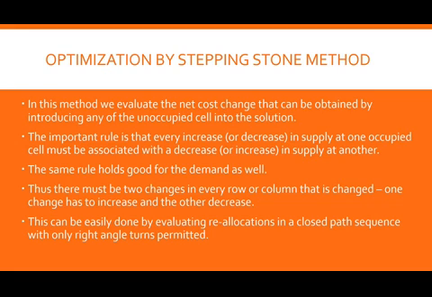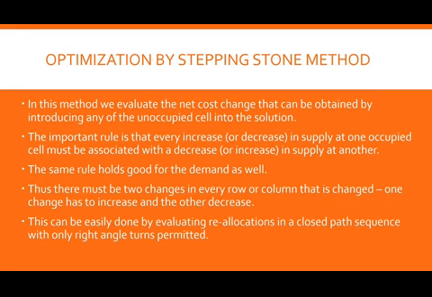So in stepping stone method, we evaluate the net cost change that can be obtained by introducing any of the unoccupied cell into the solution. So now what do you mean by this? See, you would have got an IBFS, which is a transportation table. You have made allocations.